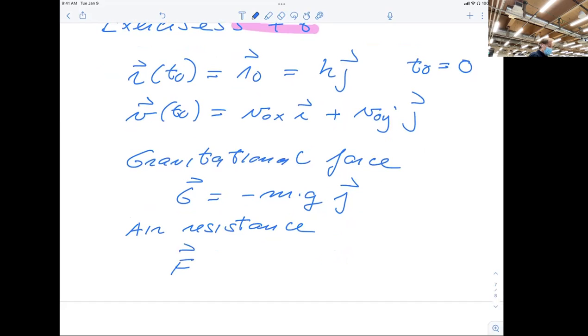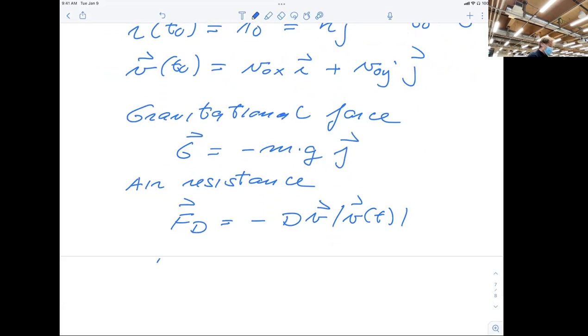This term, compared to what we did in class last week, is given by some constant times V times the absolute value of V. Just to remind you, the absolute value of V is given by the square root of Vx squared plus Vy squared.